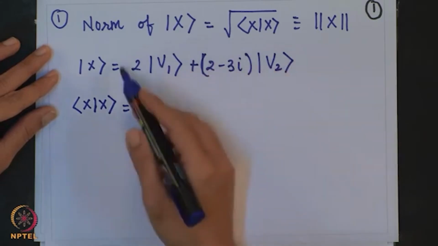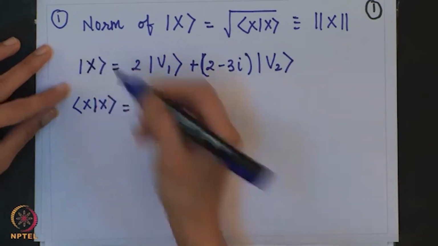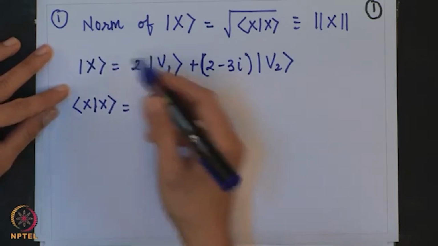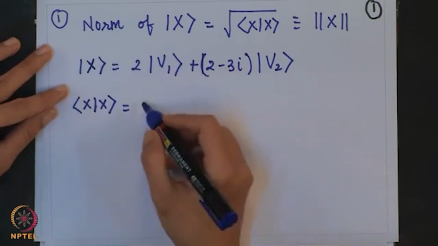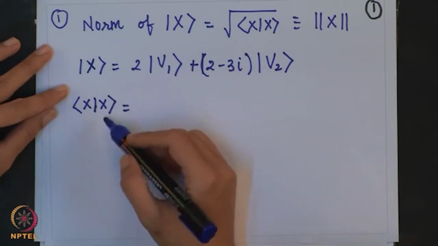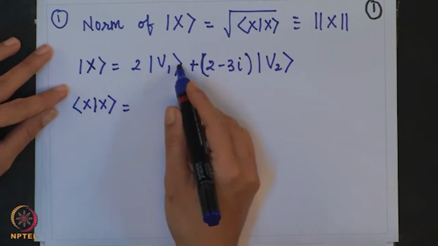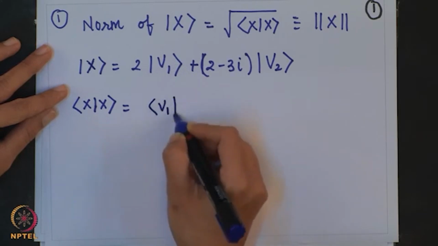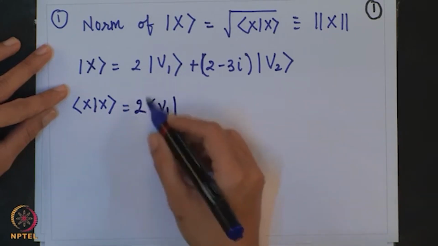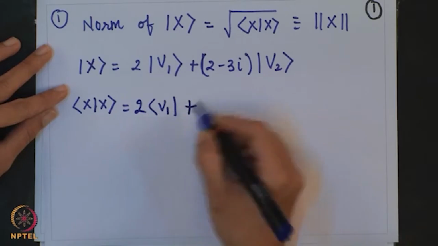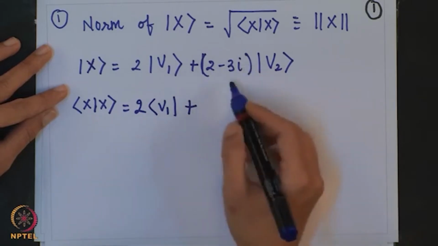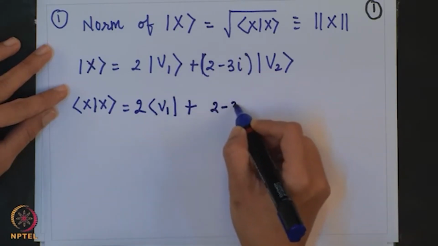Here this is the ket x. Now you have to calculate the bra of x. In bra and ket notation, the norm is represented in this manner. The ket will become a bra, the number 2 will remain as it is, and the complex number you have to write as its complex conjugate.